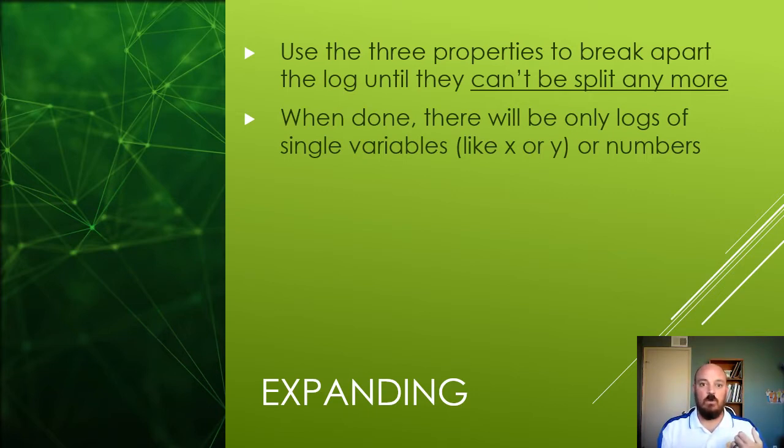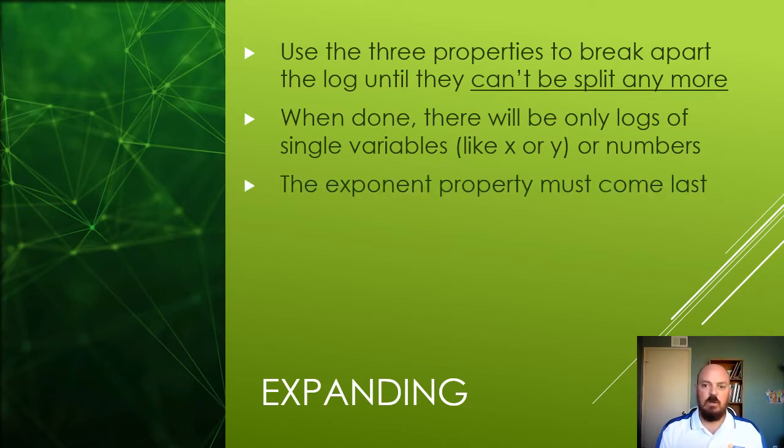So you'll only have log of a single variable, like log of x or log of y, or possibly a number, log of 2, log of 10. But if you have anything extra in there, if you have log of 2x, that's not done, that can be split. If you have log of x squared, that exponent can be taken out. So we want just a log of one single simple thing only.